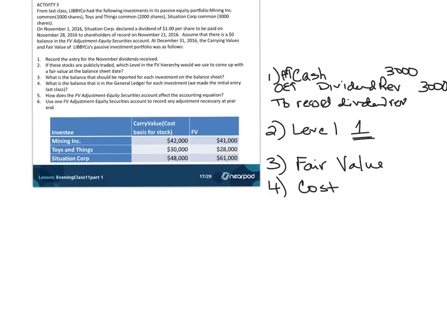How does the fair value adjustment equity account affect the accounting equation? It's going to affect assets up and down depending on where the fair value goes, right?